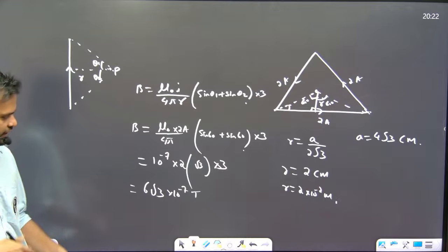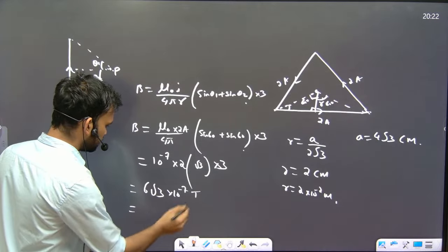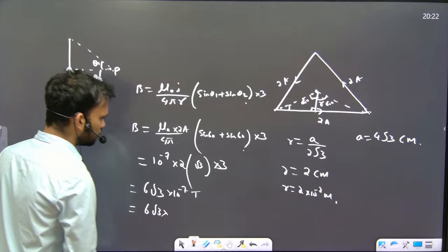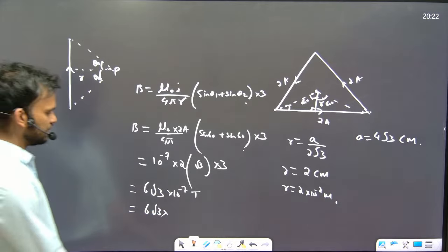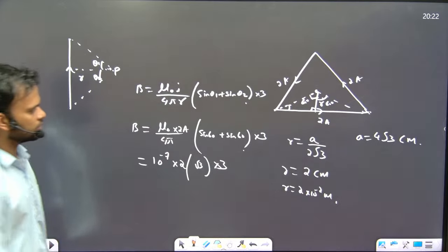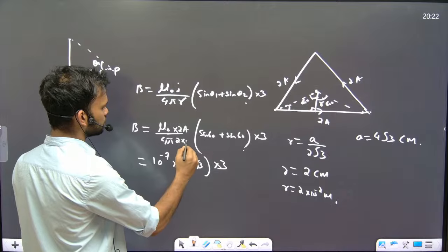By the way, what is the R value? I didn't substitute the R value. One minute. What is the value of R? R is 2 into 10 power minus 2. So substitute this.